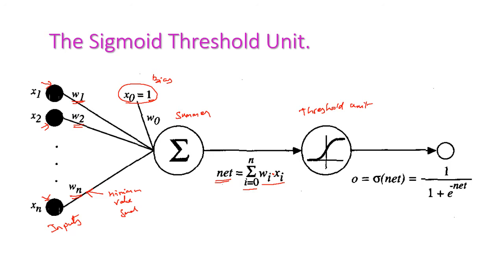That is, the output of the threshold unit is sigma of net, which is equal to 1 by 1 plus e power minus net, which is called sigmoid. That is sigma of y equal to 1 by 1 plus e power minus y.